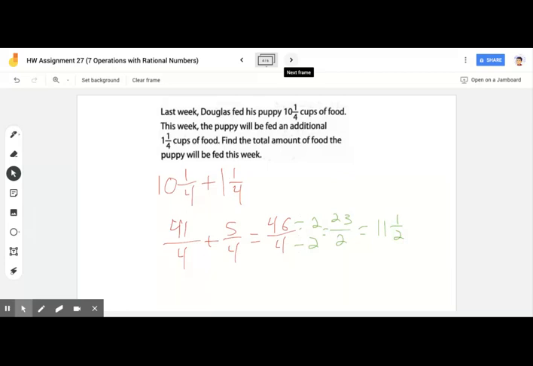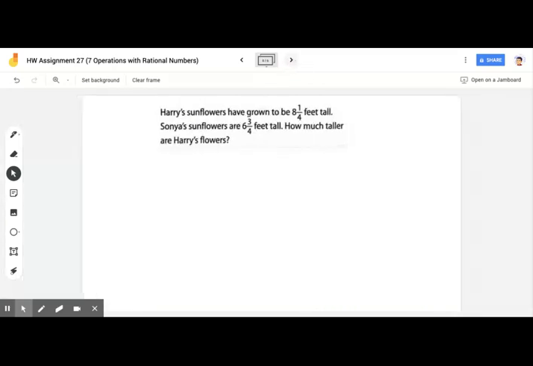So we could say the puppy will be fed 11 1/2 cups of food. Period. There we go.